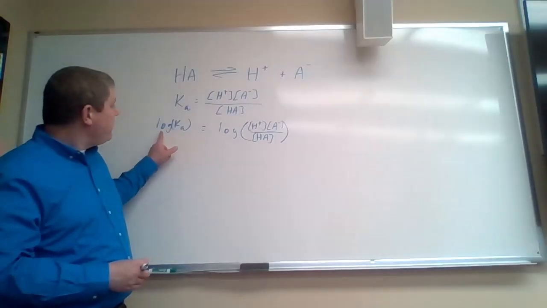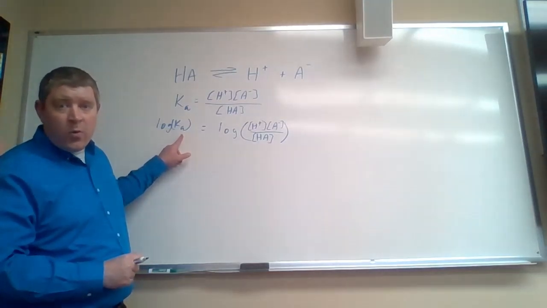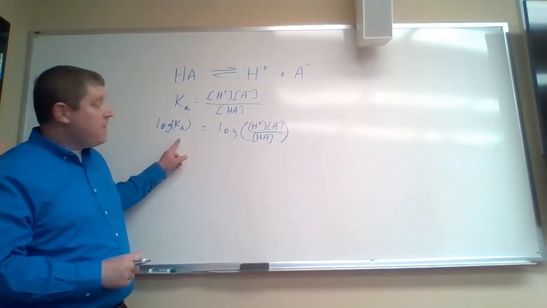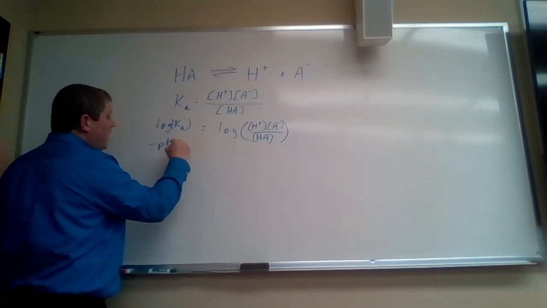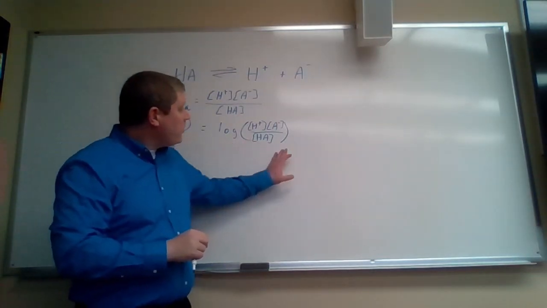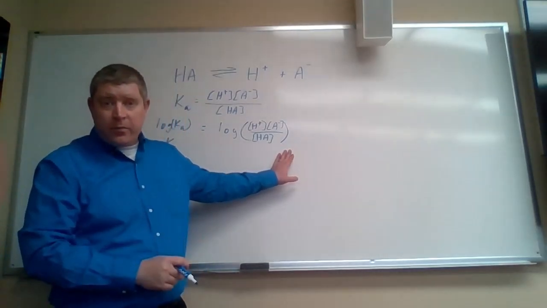And so over here we have this term, log of Ka. This is similar to the pKa, where the pKa is equal to minus log of the Ka. So this term is the negative pKa. And over here we have this log term with a lot of stuff in it, but let's break these out.